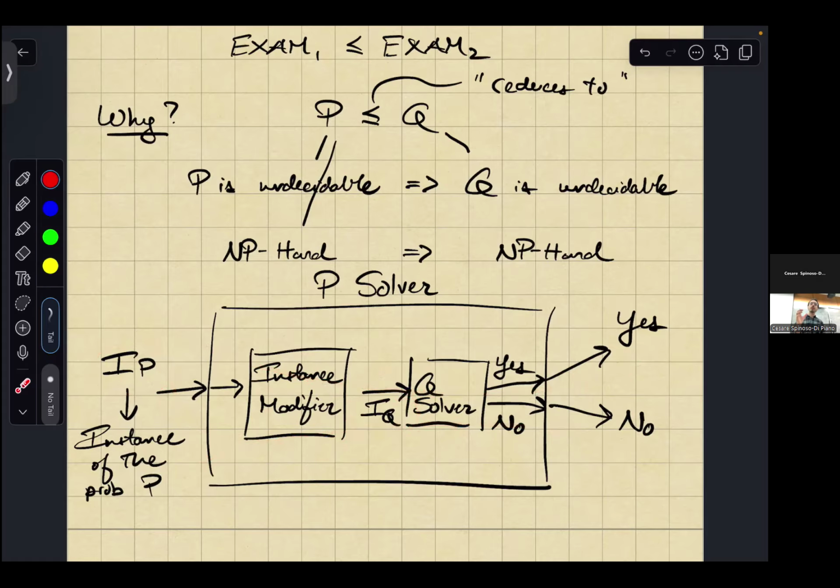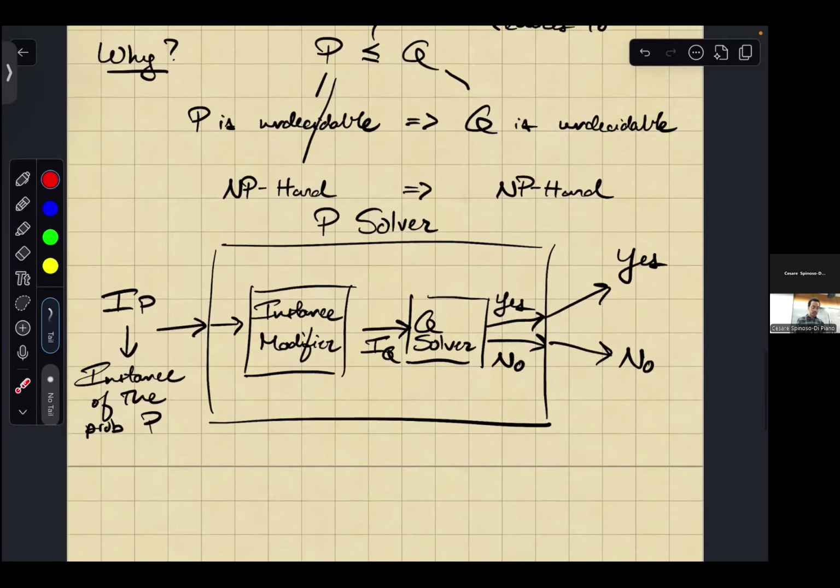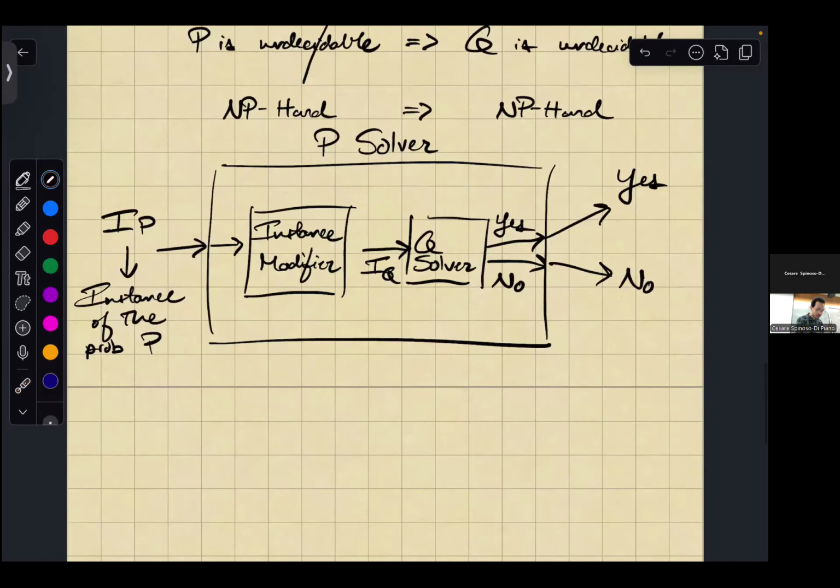And the only restriction is whether this is an undecidability versus an NP-hard reduction. For undecidability reductions, the instance modifier, IM, should be computable, which means everything that you do in the instance modifier should take finite time.